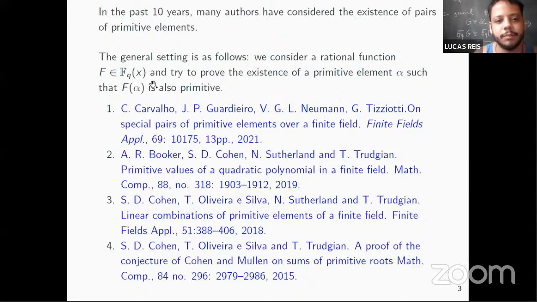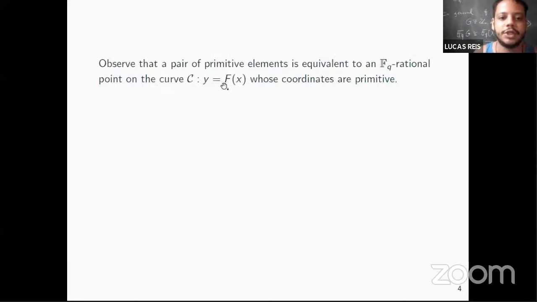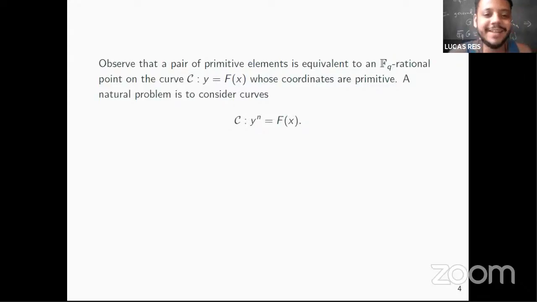We can see this problem of pairs of primitive elements as just points on this curve whose coordinates are primitive elements of FQ. And so for me, at least, a natural way to extend this problem is to consider this kind of curve and ask the same question, right? So we consider curves y to the n equals f of x, and we just want to find rational points with primitive coordinates.